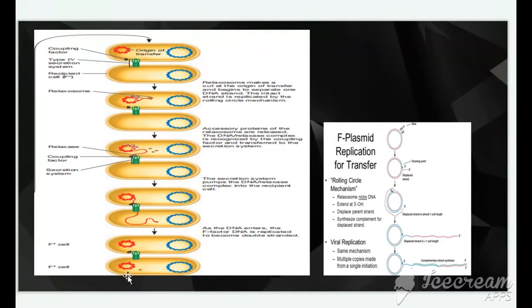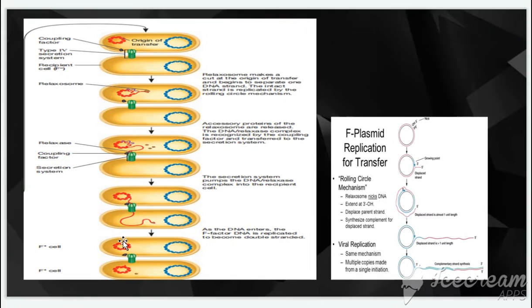When it reaches here, there is a double stranded DNA, just like the F plus cell. In both the DNAs, the plasmid's complementary strand itself is formed by the rolling circle mechanism, as we see here, right? Now, because the DNA is transferred here, the F minus, which was the recipient cell, has also become an F plus cell, right? So both are F plus cells now.